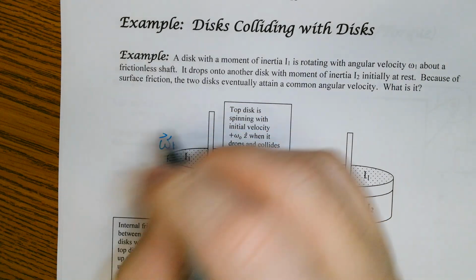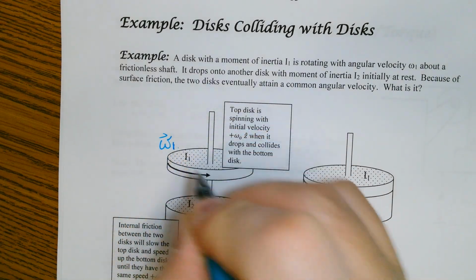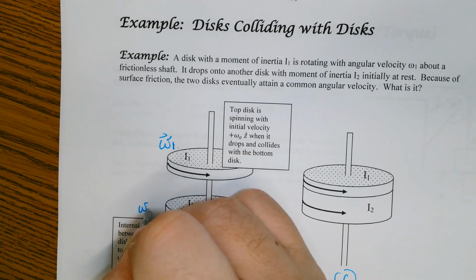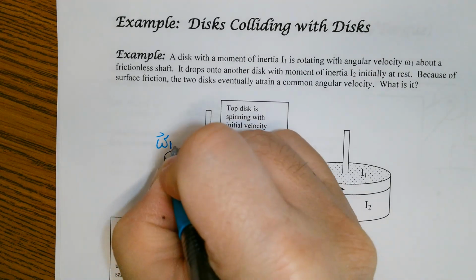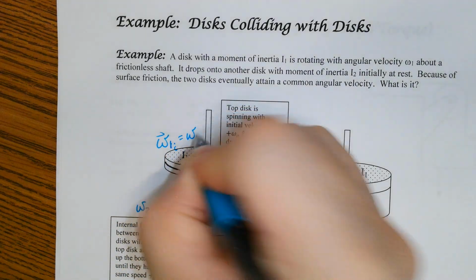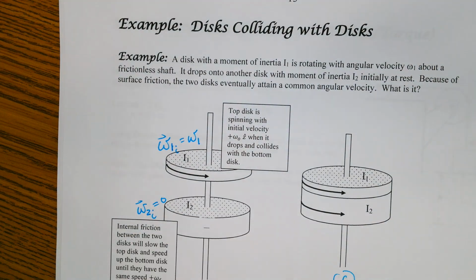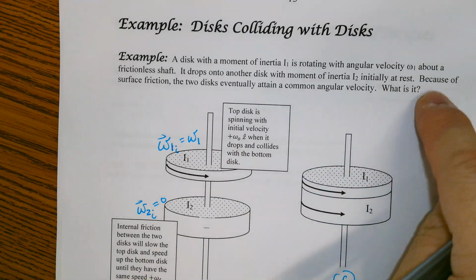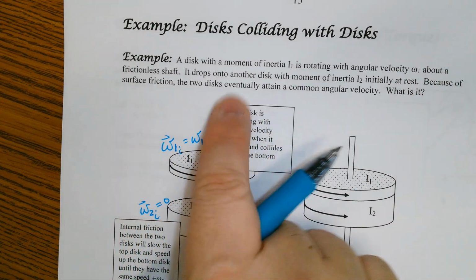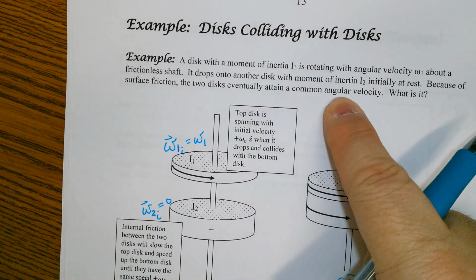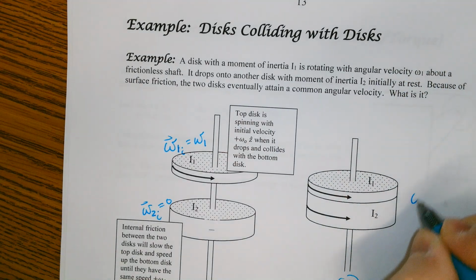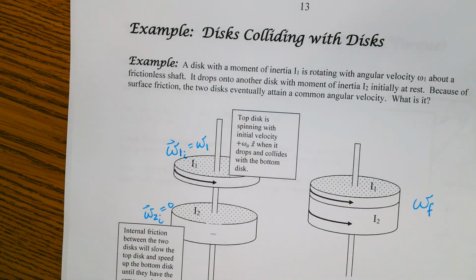So I1, and then this is I2, initial omega 1, and this is 0. Because of surface friction, the two disks eventually attain common angular velocity. So this is omega final, basically. What is it?